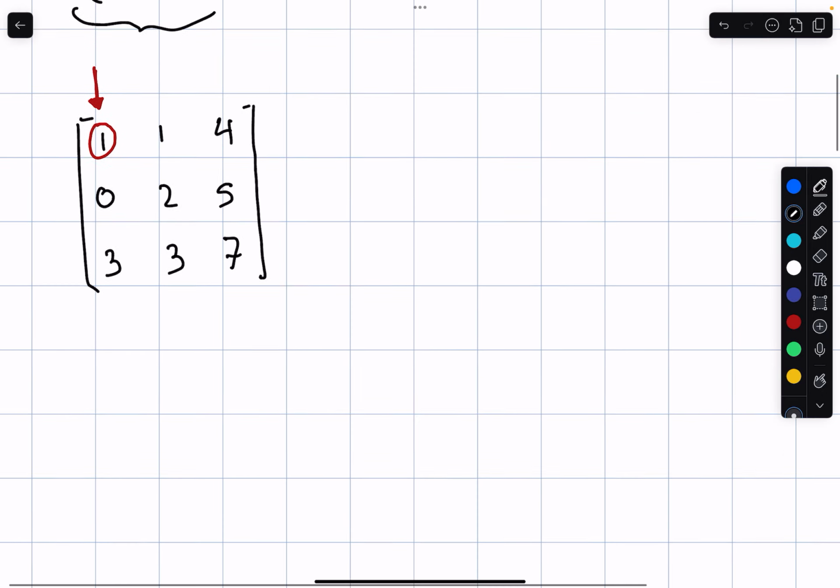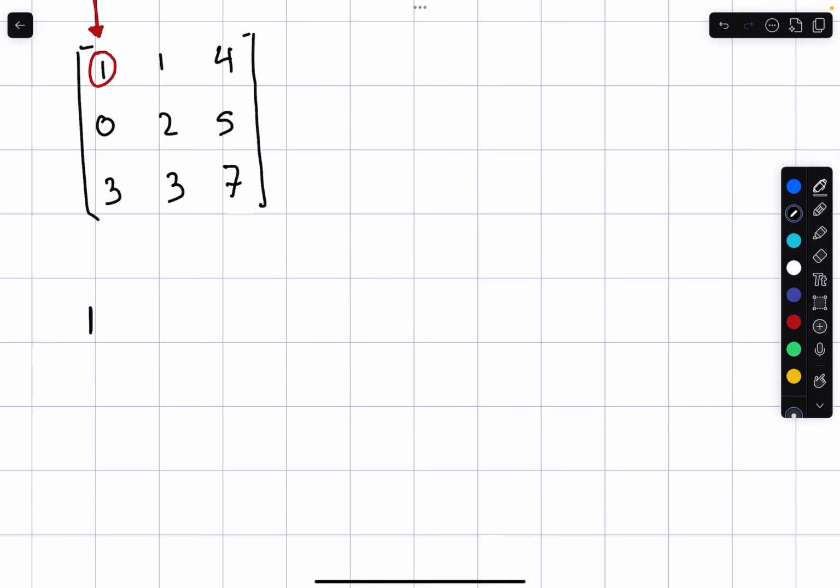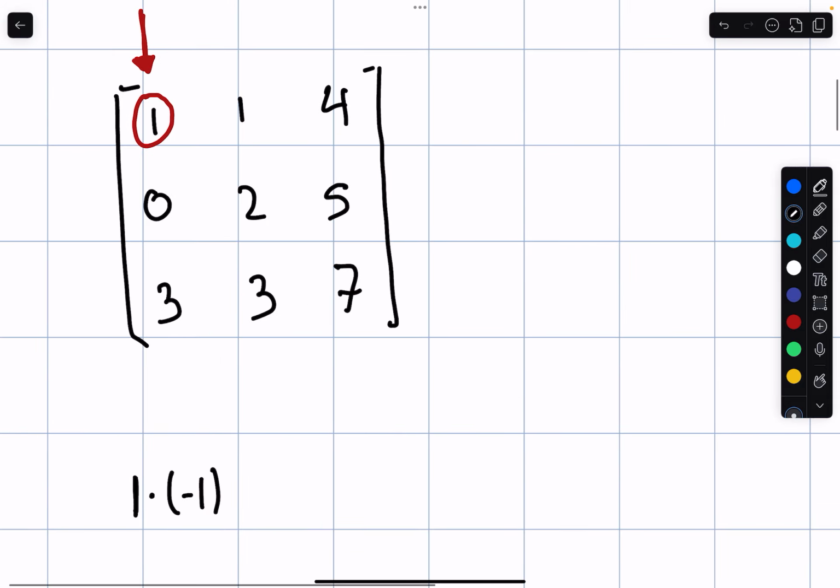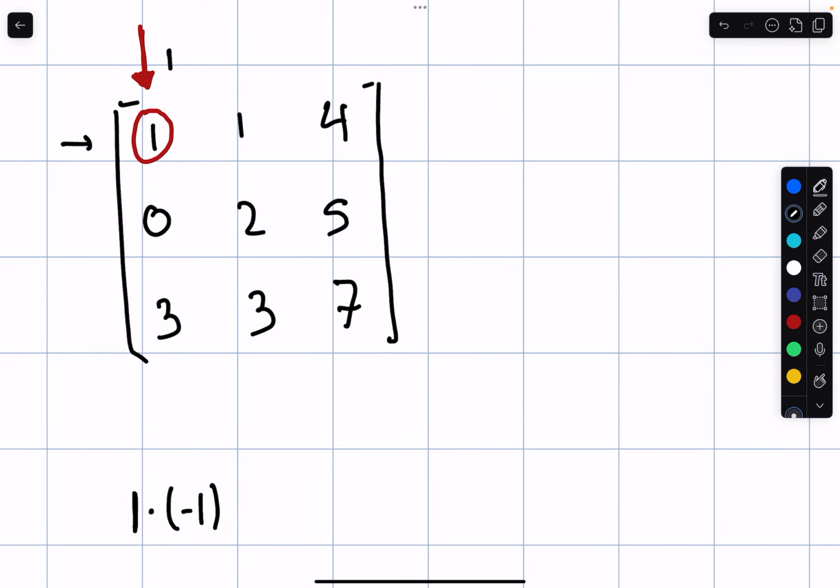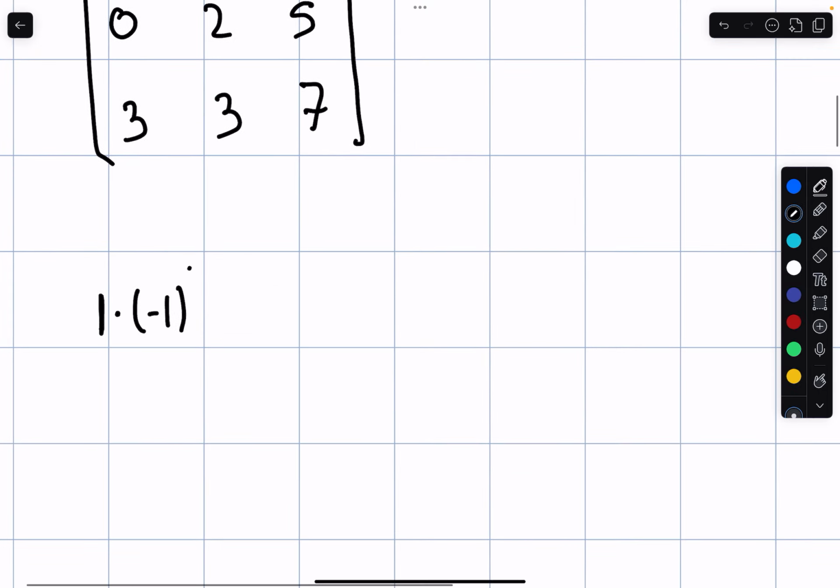The process for cofactor expansion is first, we take whatever value is the first value in our row or column. In this case, it's 1. And then we multiply it by negative 1 to the power of whatever the row and column are. So this is the first row and the first column, so it's negative 1 to the power of 1 plus 1.